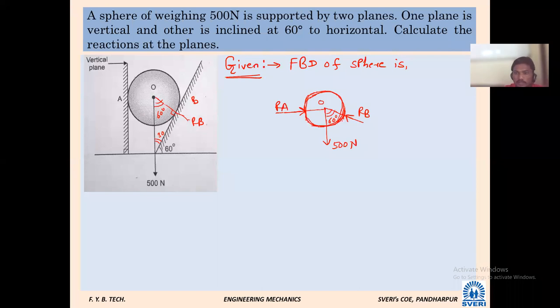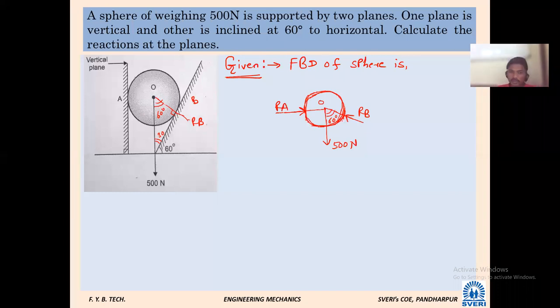So whatever we have seen, what I have told in one sentence just before: if a particular surface makes a certain angle with horizontal, then the reaction on that surface makes the same angle with whom? Vertical.